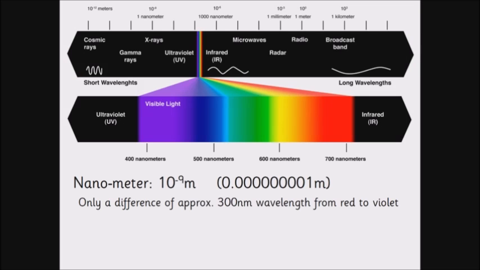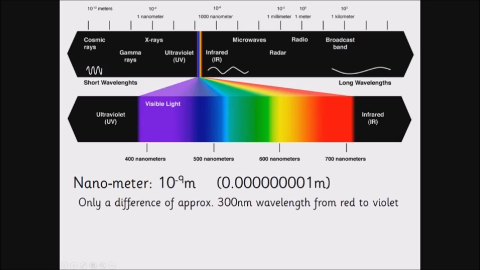Okay, first up, this might remind you of the work you've done on the electromagnetic spectrum. Here's the EM spectrum across the top, and I've just zoomed in on colour here so you can see we've gone from the violet end, or the high energy end, to the low energy end. So we've gone from violet all the way through the colours to red, and I've put on the sizes so you can see that visible light has a range of wavelengths between about 400 nanometers, which is 10 to the minus 9, all the way to 700 nanometers, which is 700 times 10 to the minus 9.